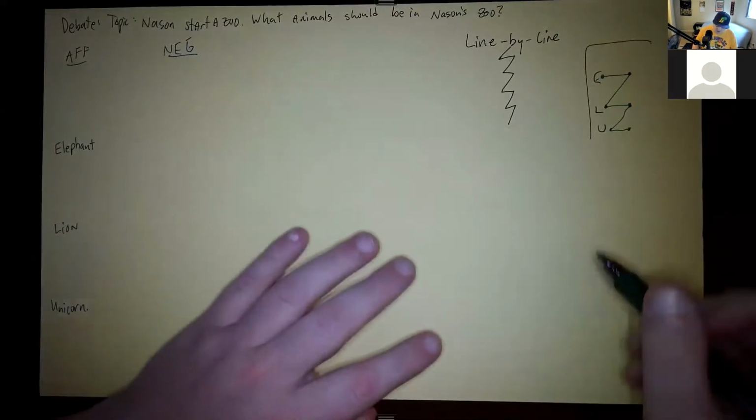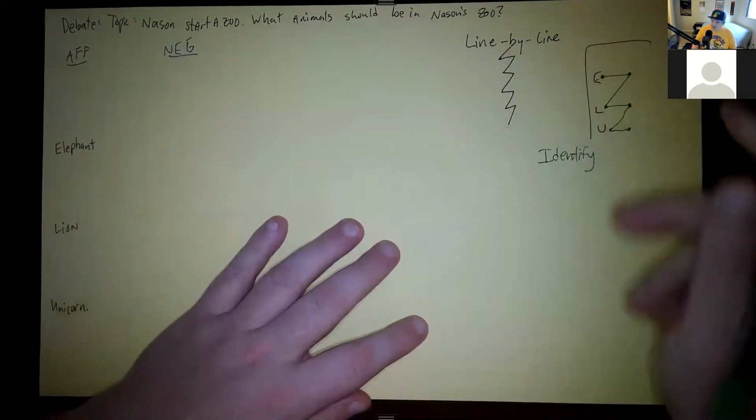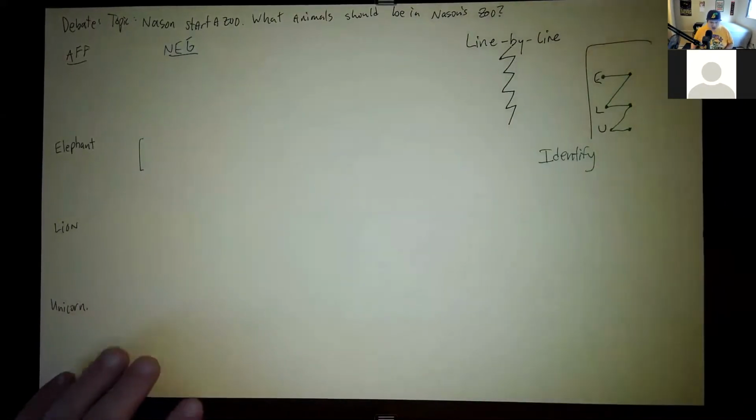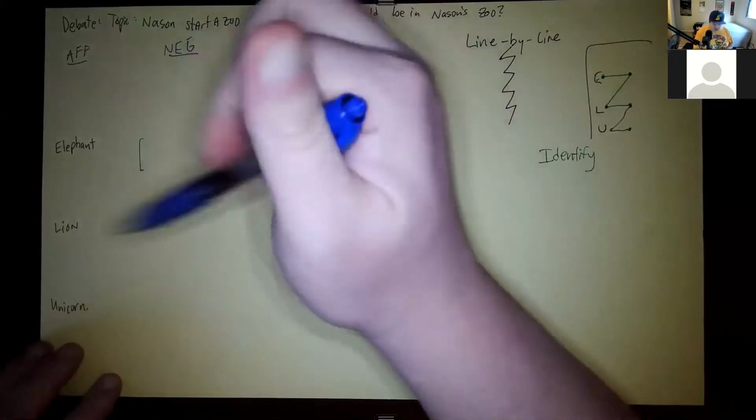So the first thing that you're always going to do is identify that argument, right? So before you say what you're going to say against elephant, you're going to identify elephant.